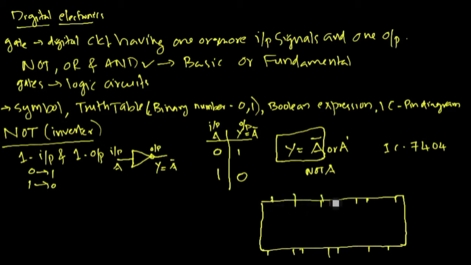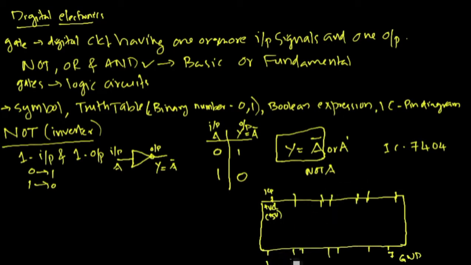All digital ICs have certain pins for plus VCC and ground. Here pin number 7 is ground and pin 14 is plus VCC, which is plus 5 volt.